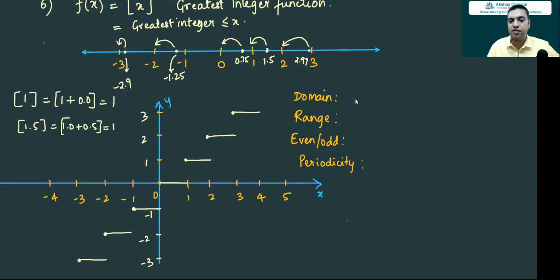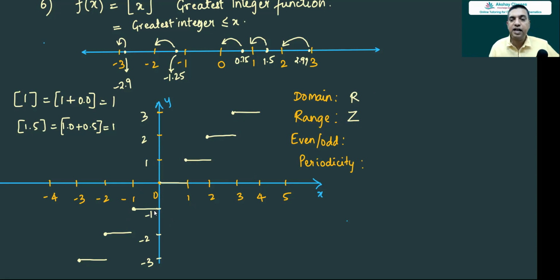Yes, so it is R. What is the range? Integer numbers. Yes, it is only taking integer values. Between 0 and 1, it is taking 0. Then between 1 and 2, it is taking 1. So the range is only the integer values. So it is Z, the set of all integers.